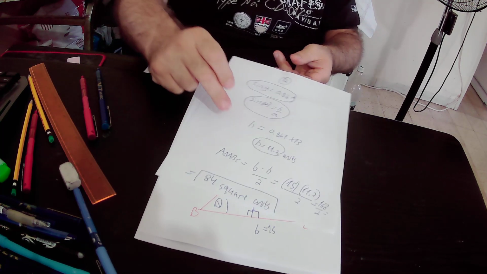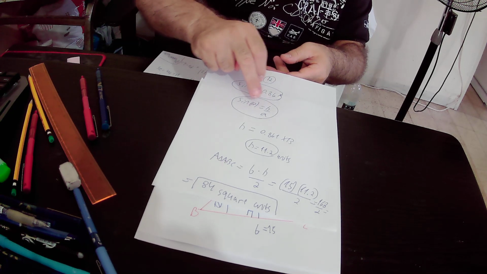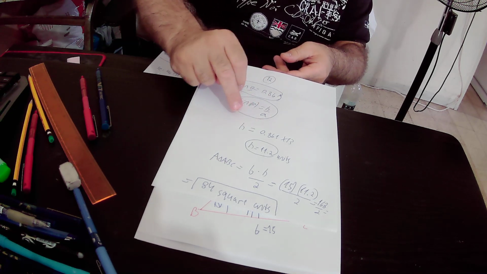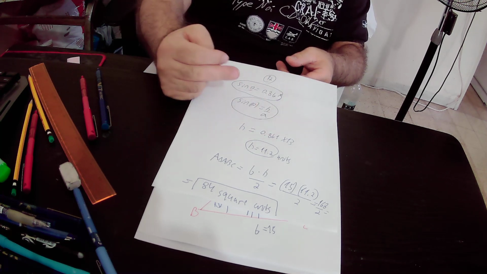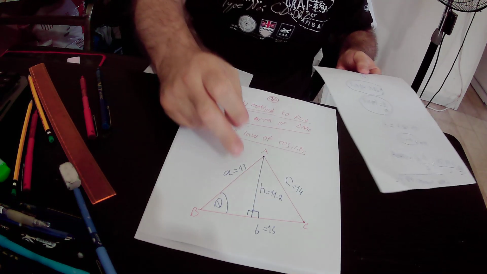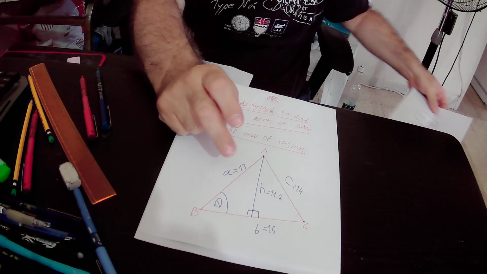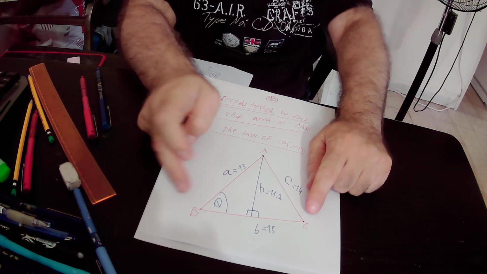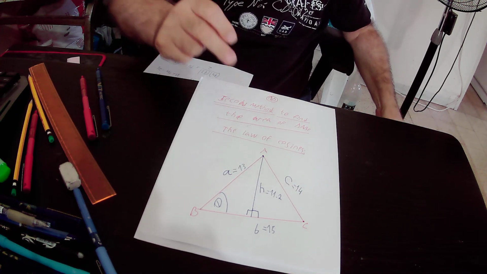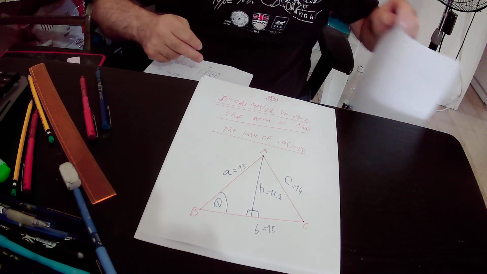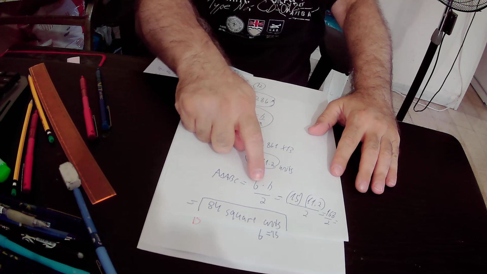So we put the data inside this equality, that sine theta equals h over A, and we found out that h equals 11.2 units. Okay, so the height of triangle ABC equals 11.2 units, and we know that the base of triangle ABC is 15 units, so the area of any triangle equals the base times the height over 2.